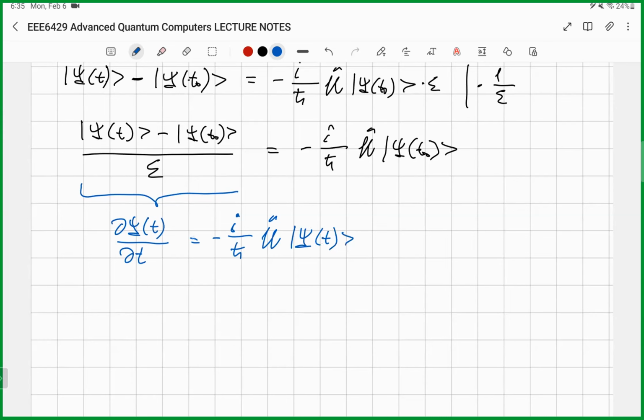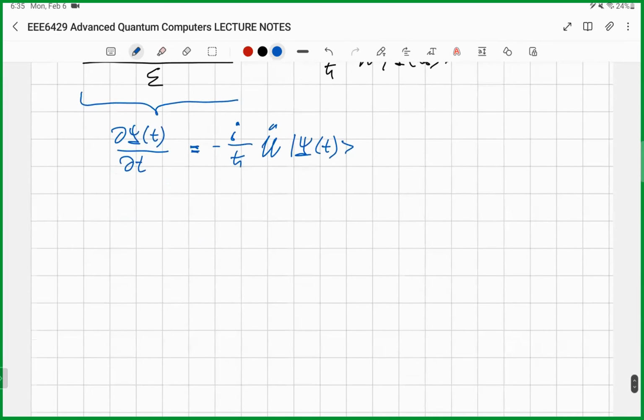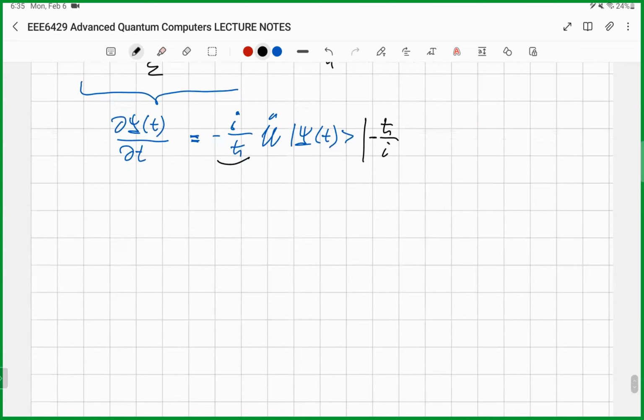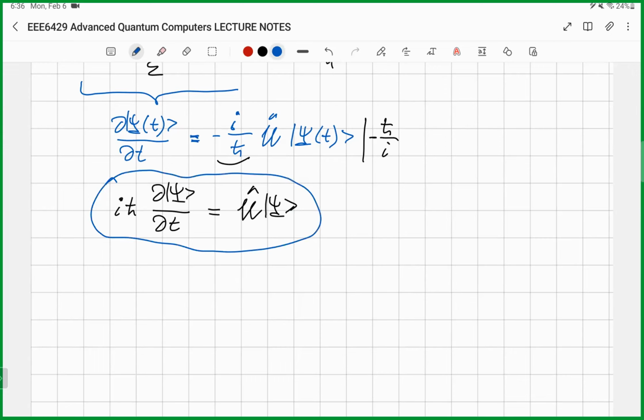So it will be in this form. Now let's divide both parts by this prefactor here, and as a result we'll get i h bar d psi over dt is equal to Hamiltonian psi, which is nothing but the Schrodinger equation.